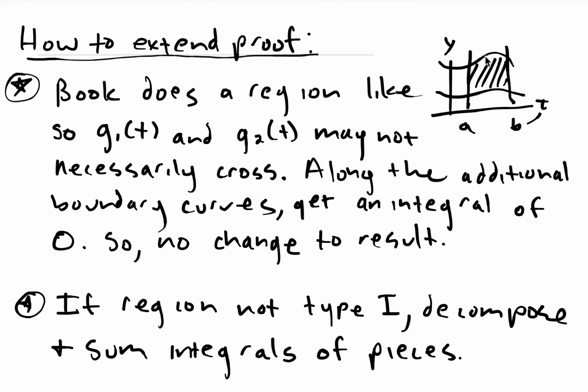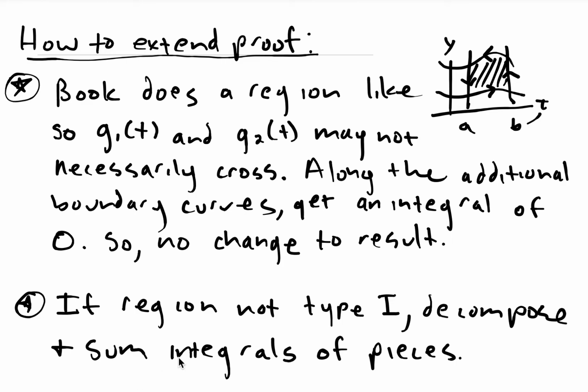For the book setup, they don't necessarily have that happen. So these might have little vertical chunks over here, so that if you wanted to set up your C1, C2 for this region, instead of just 2 pieces, you have to worry about 4. So these vertical sides, what happens there?